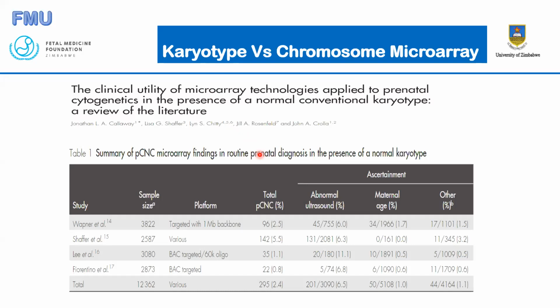They noted that in about 6.5% of the babies who had an abnormal ultrasound, there was an additional finding at the level of the chromosomes by doing microarray. So in other words, microarray picks up more information that a normal conventional karyotype will have missed.